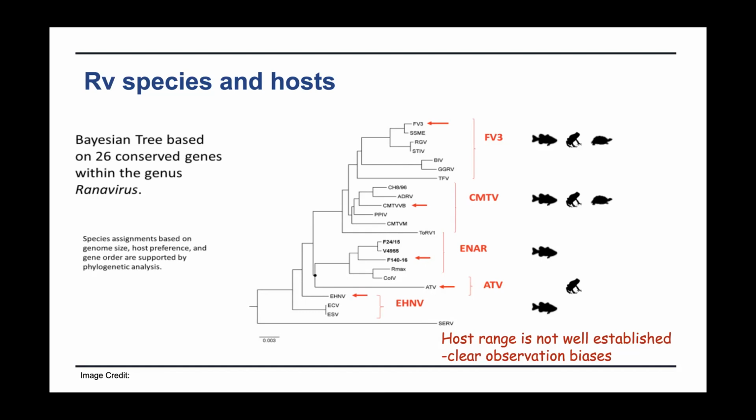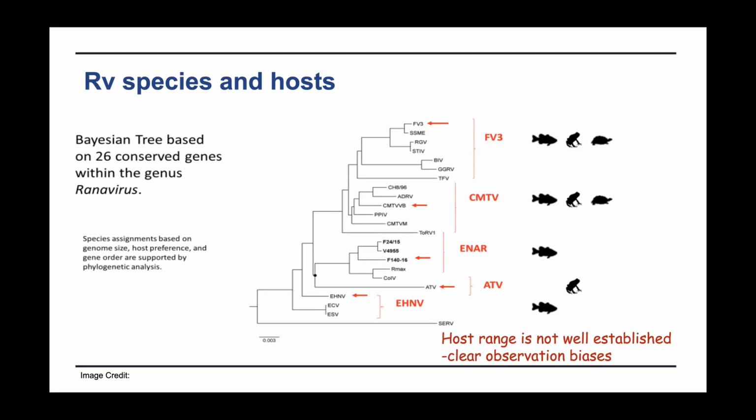I wanted to show you that, broadly speaking, frog virus 3 affects bony fish, amphibians, and reptiles. CMTV has likewise been found in each of these, although much more commonly in amphibians. The ENAR and EHNV have just been found in fish. And ATV so far is a bit unique in that it seems to infect primarily caudates, primarily salamanders, although there's a little bit of evidence that it does infect frogs as well.